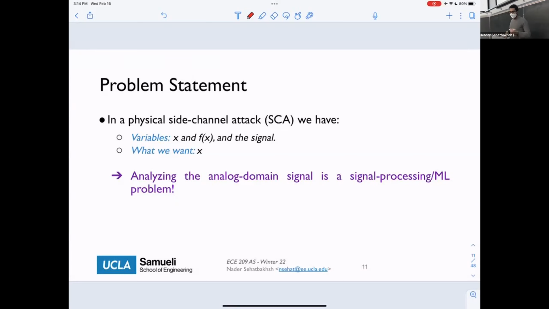That's why these three areas, physical side channel attacks, machine learning, and signal processing, go really hand in hand, because the input to the system is the side channel, but the analysis and the backend process is basically just machine learning and signal processing. It was traditionally mainly signal processing, but with machine learning systems getting more popular these days, machine learning is the obvious choice.